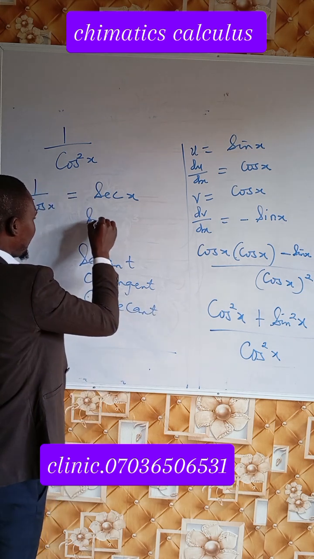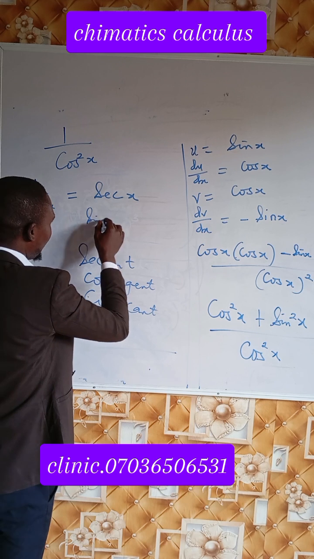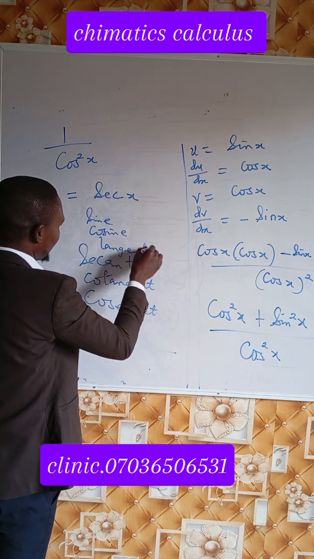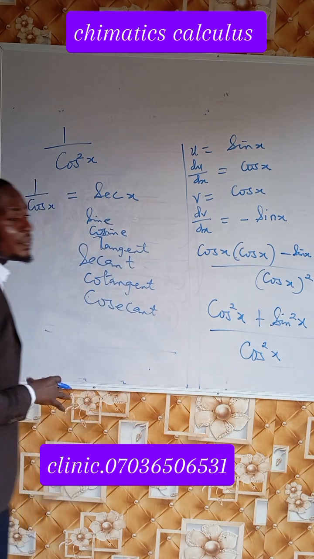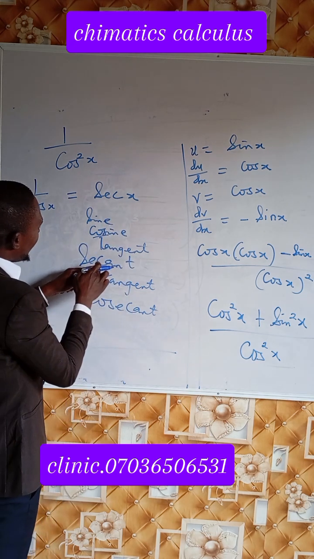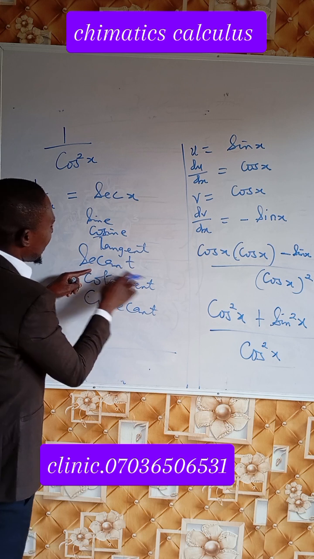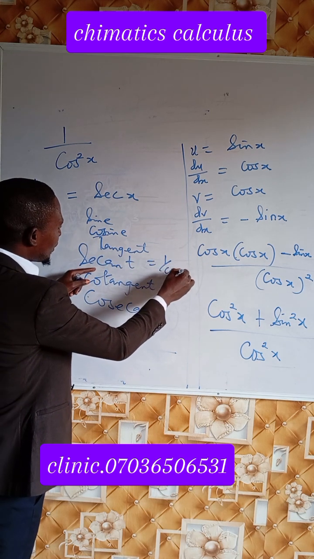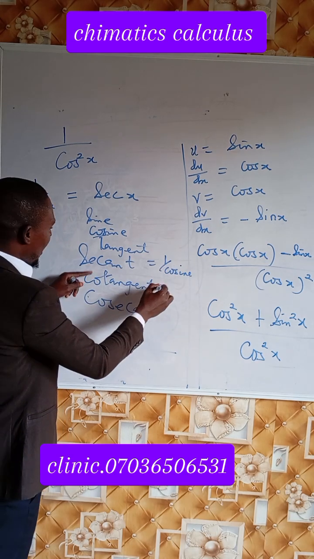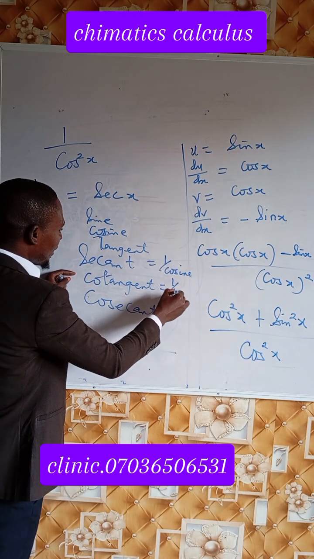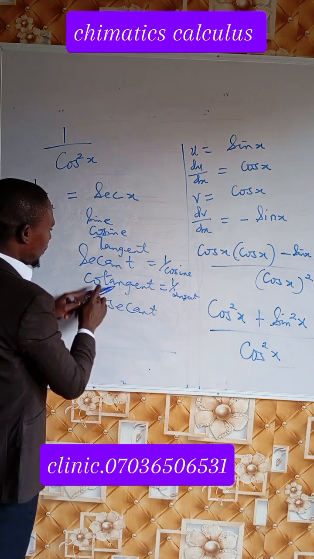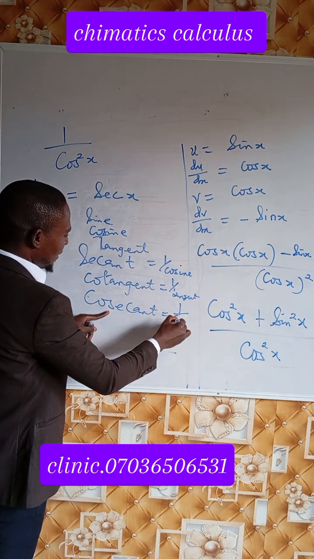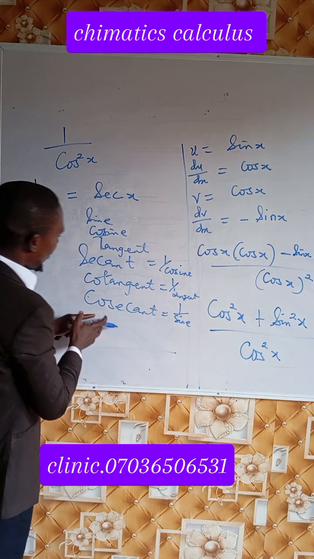Remember, we have sine, cosine, and tangent. These are 6 of them. The reciprocal of cos, that is 1 over cos, will give you secant. 1 over tangent will give you cotangent. 1 over sine will give you cosecant.